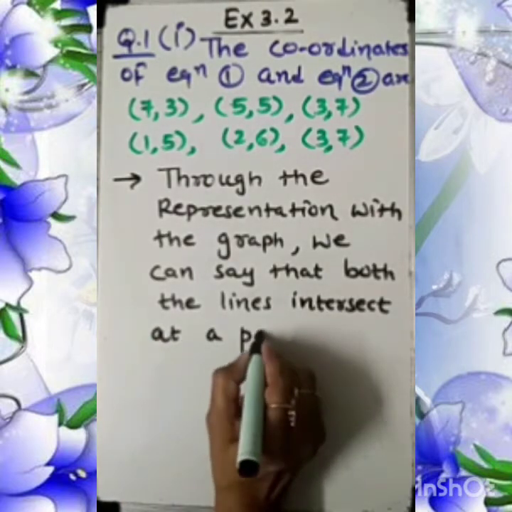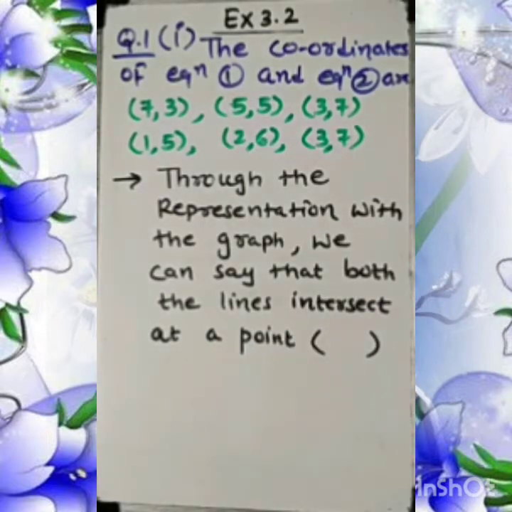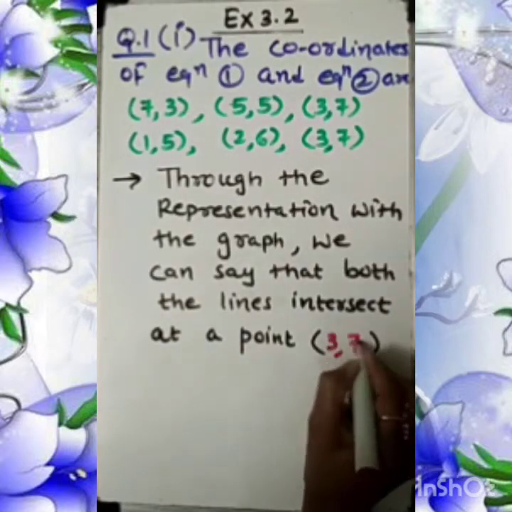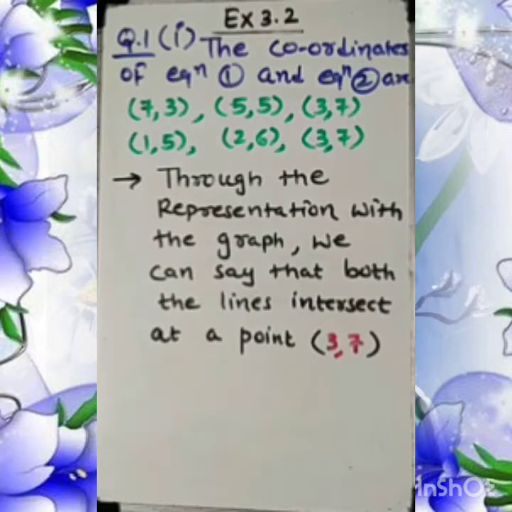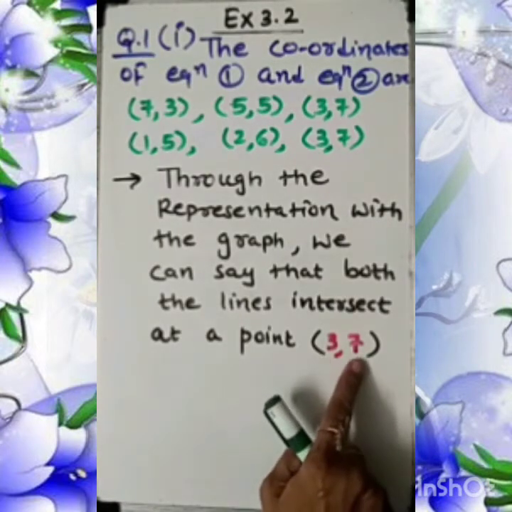At a point. And what is its coordinate? The meeting point of the lines is 3 comma 7. As we know, the first is connected with the x-axis and this is with the y-axis.